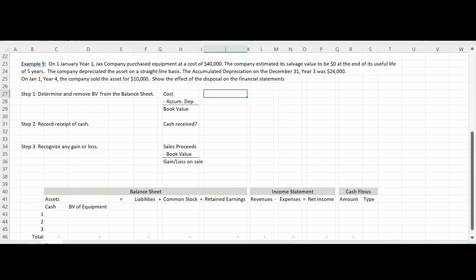So as we just learned, there are 3 steps that we need to go through for the disposal of a long-term asset. We know this is a long-term asset because it is being depreciated. So the first step is to determine the book value of the asset and remove it from the balance sheet. Book value again is equal to cost less accumulated depreciation. So cost, what did Jack's company pay for this equipment? $40,000.